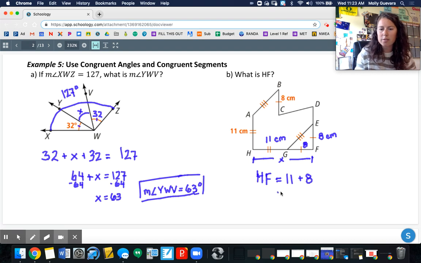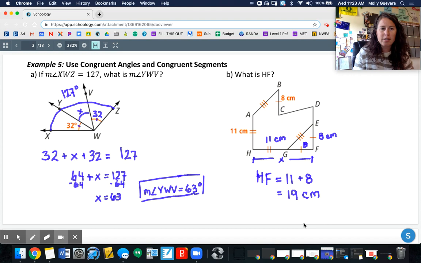The distance from H to F is 19. And what is the unit? In this case, we don't have to write units. We know that the unit is centimeters. So hopefully that feels good.